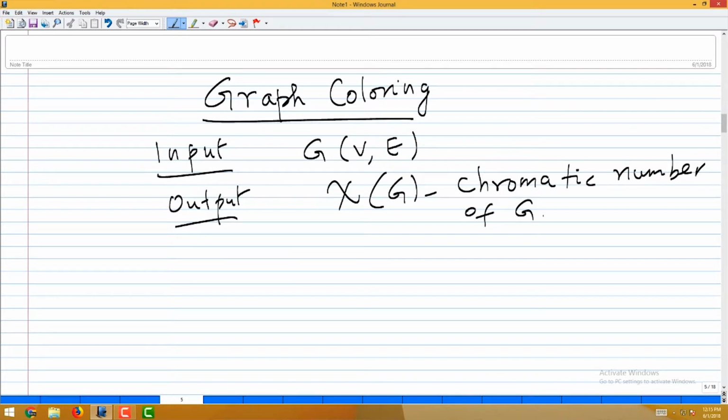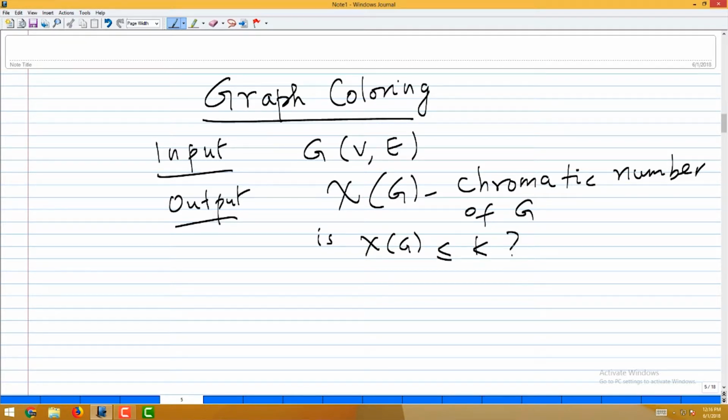What would be a brute force algorithm for this? So, let's simplify it, and suppose I say is chi of G less than or equal to k.